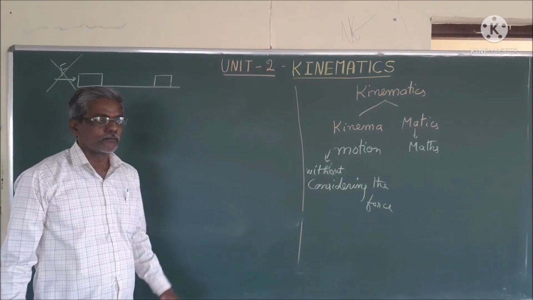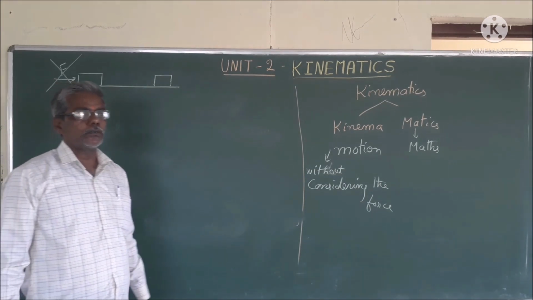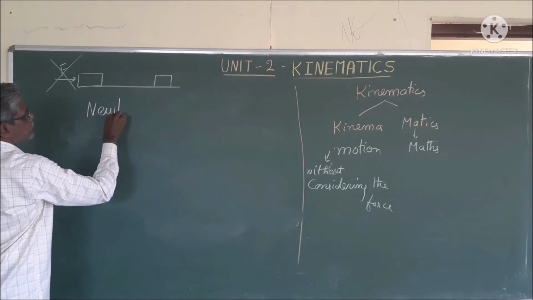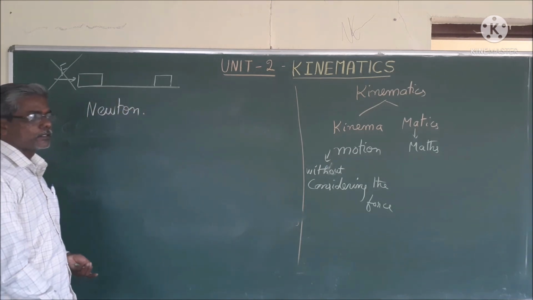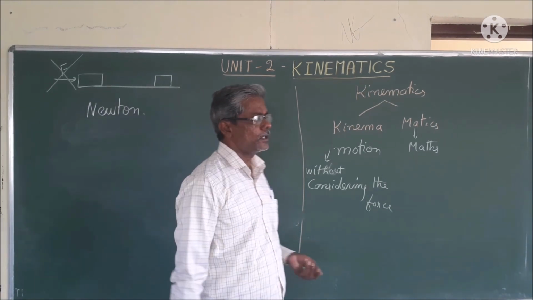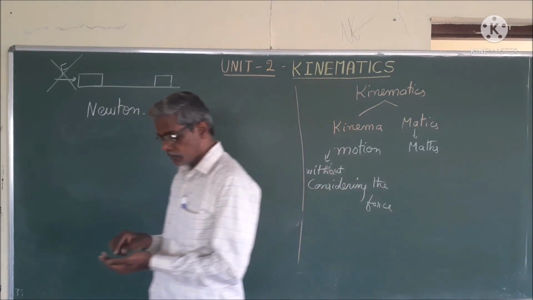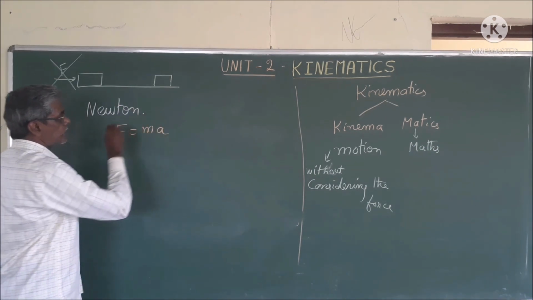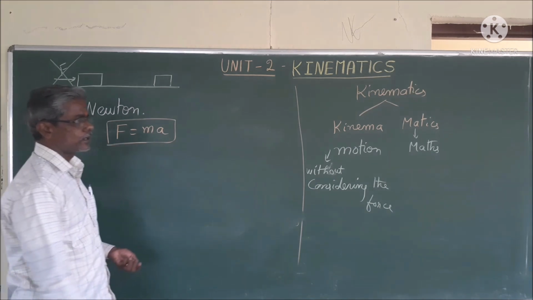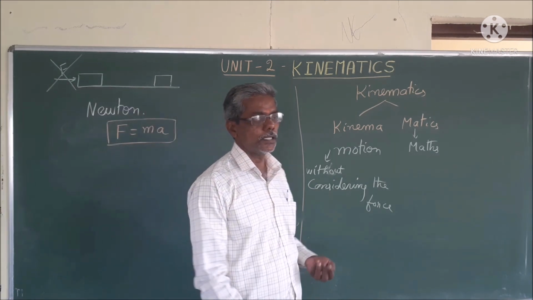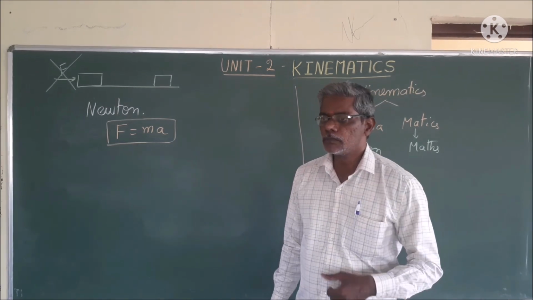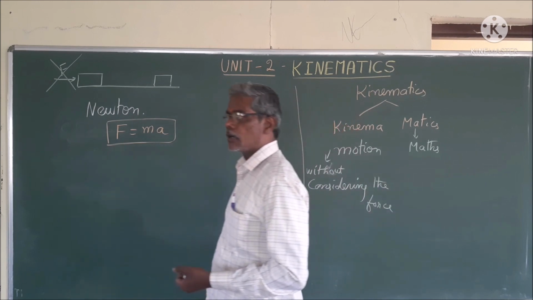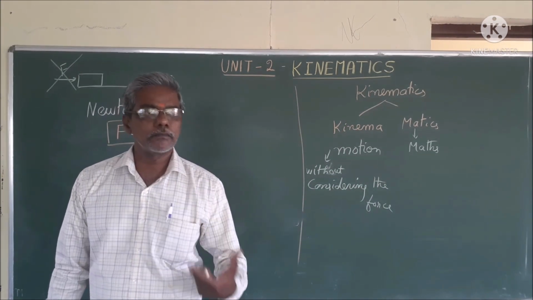Why? The term force was proposed by Newton. He proposed 3 laws. In the second law, he introduced the term force, that is F is equal to ma. But before Newton's era, kinematics was developed and mostly explained by Galileo.